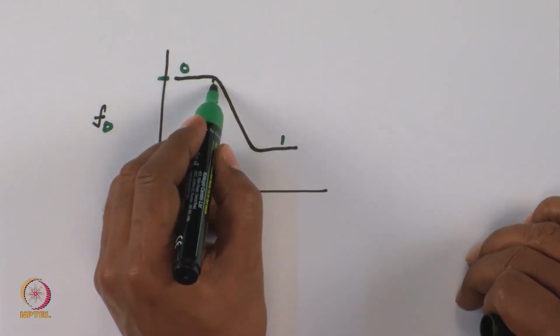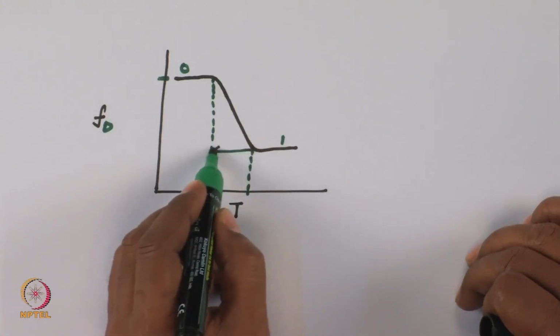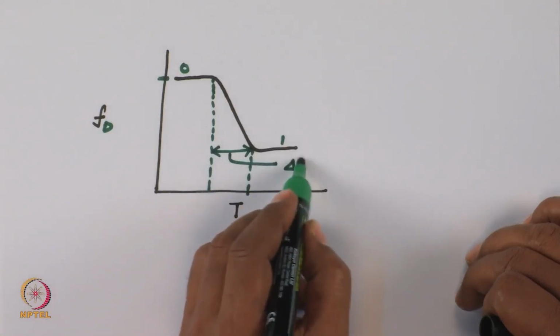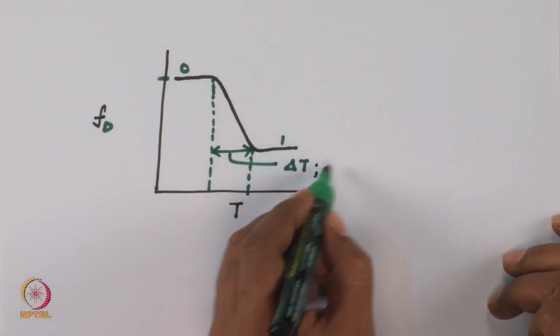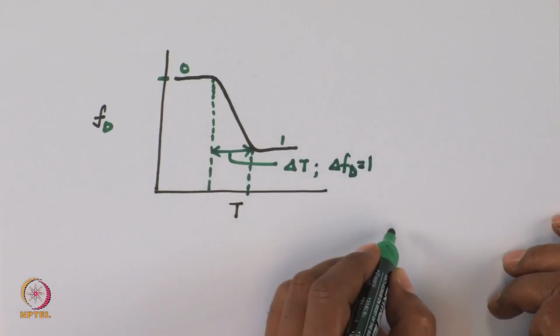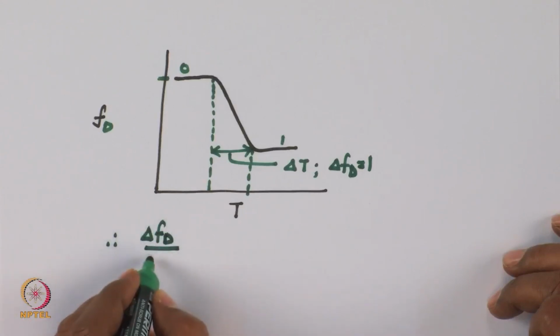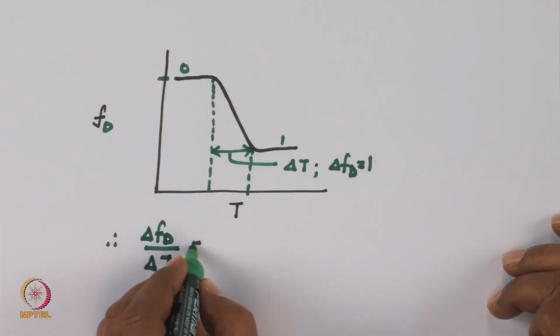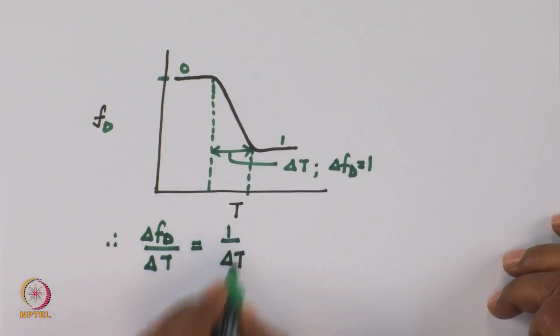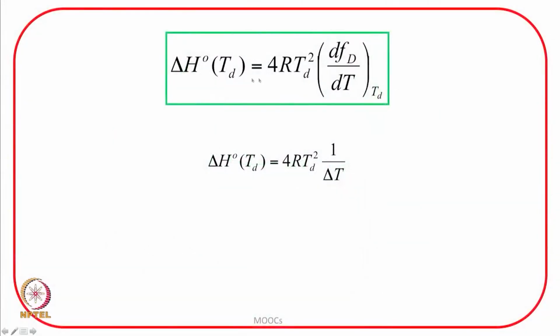If I choose only this region and take this as delta T, the corresponding delta Fd is equal to 1. Therefore, delta Fd over delta T will be equal to 1 by delta T, and this is what is put in this equation: 4R Td square, instead of dFd by dT I have put 1 over delta T.